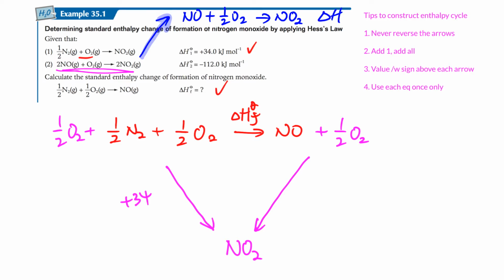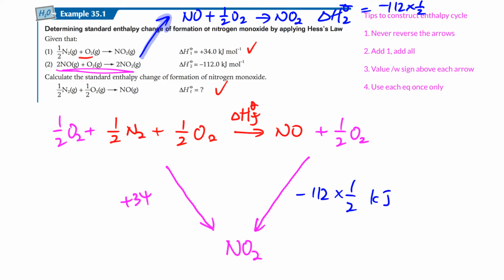So this one, the delta H will then become negative 112 divided by 2. So I use this equation here, NO, half O2 to give 1 NO2, negative 112 divided by 2.